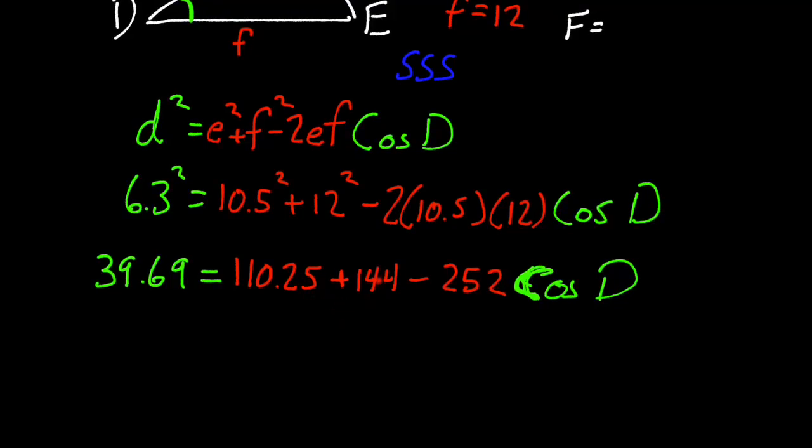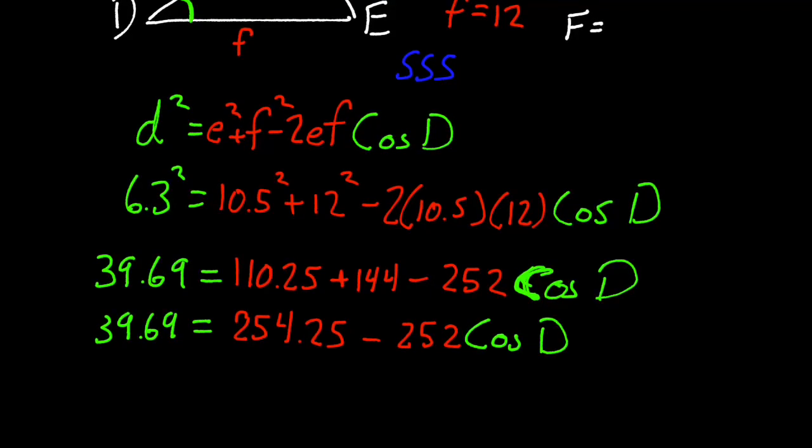I have some like terms here, so I could combine those together. 39.69 equals, okay, 110.25 plus 144 is going to be 254.25 minus 252 times the cosine of D. Okay, can't combine these. These are being multiplied.